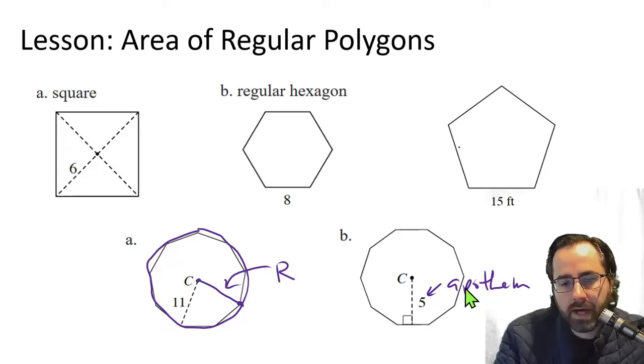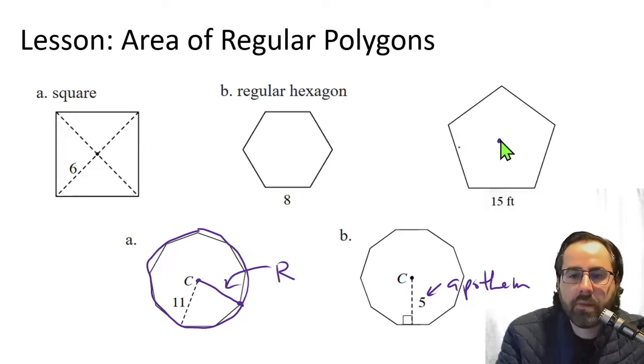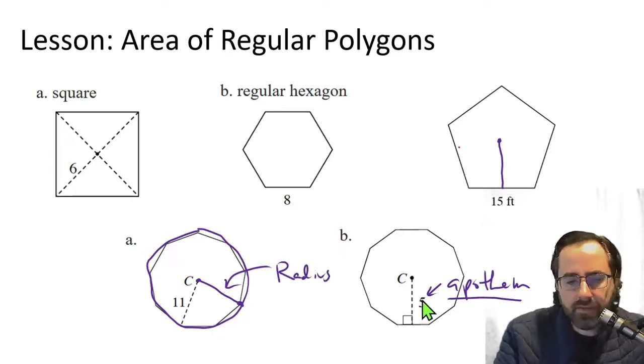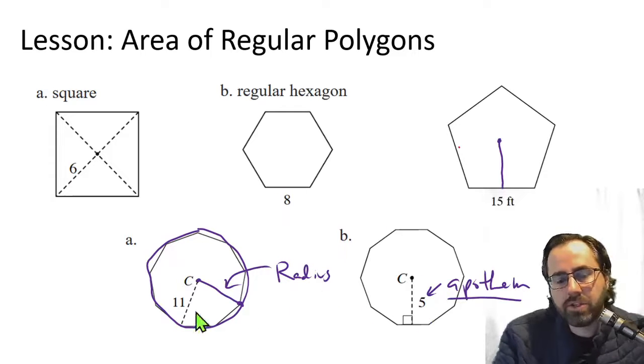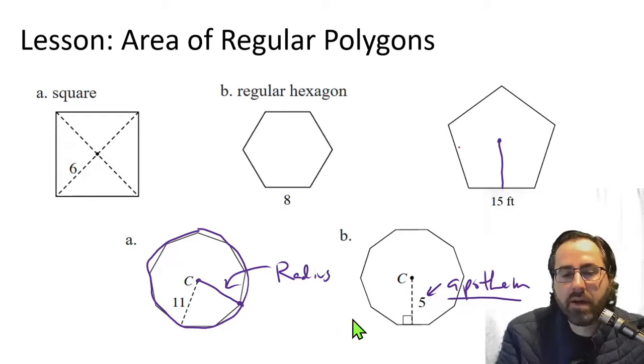That's called the apothem. So if I was going to come to this pentagon and draw the apothem, I would drop this line down right here, and that would be the apothem. So we have the apothem, we have the radius, we have the length of one side. Given just that length, we should be able to find the area of any of these regular polygons.